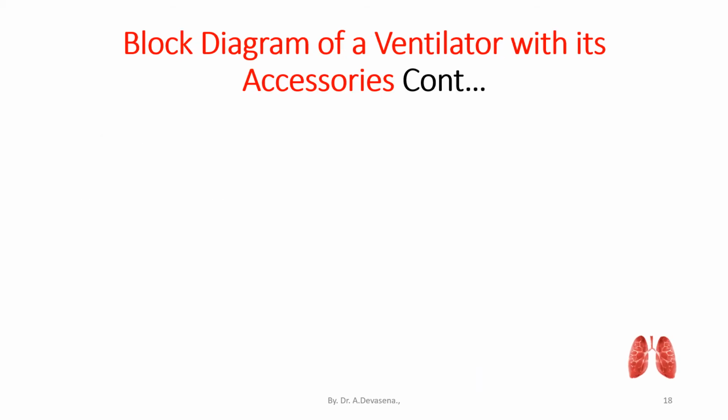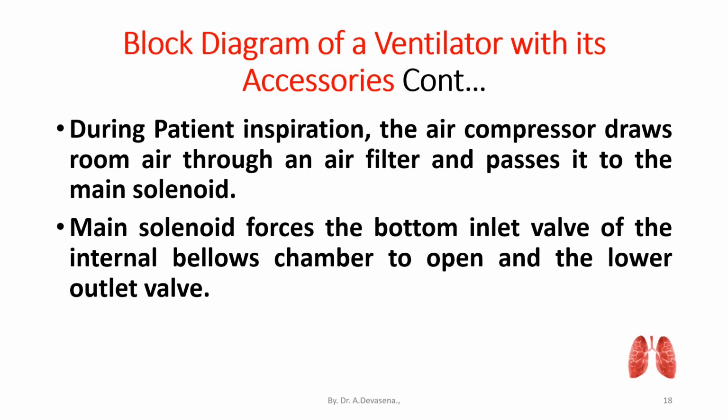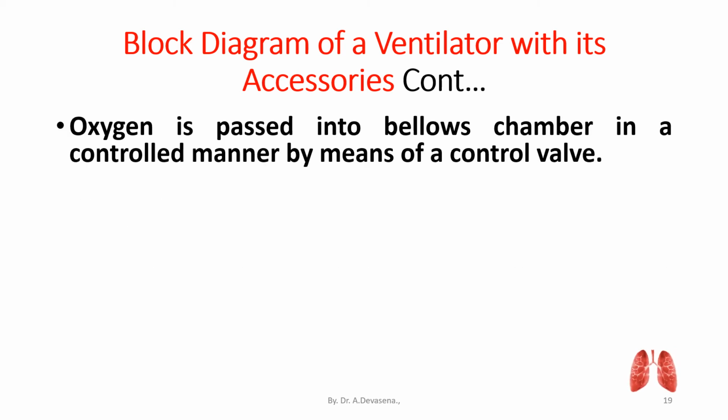During patient inspiration, the air compressor draws room air through an air filter and passes it to the main solenoid. Main solenoid forces the bottom inlet valve of the internal bellows chamber to open and the lower outlet valve. Oxygen is passed into the bellows chamber in a controlled manner by means of a control valve.